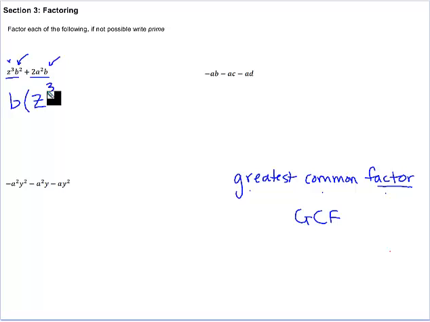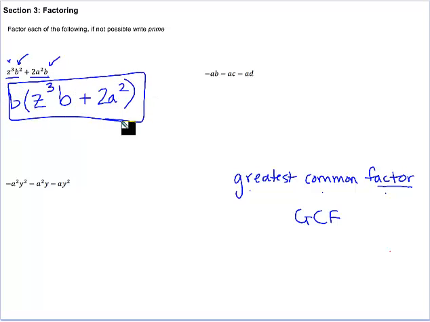We took one b out. It was b squared, so we have one b left. Plus 2a squared. We took one b out. There's only one b there, so that's it. So that's factored: b, and then in parentheses, z cubed b plus 2a squared. Notice that in the remaining values in here, there are no more common factors left.